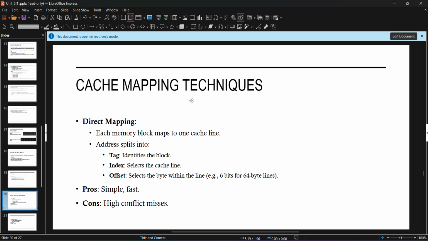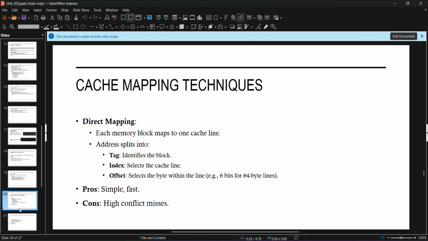As I explained, the tag verifies that the data is the correct one, the index locates the cache line in the cache, and the offset locates a byte inside a cache line. Now, let's move on to the caching techniques themselves.